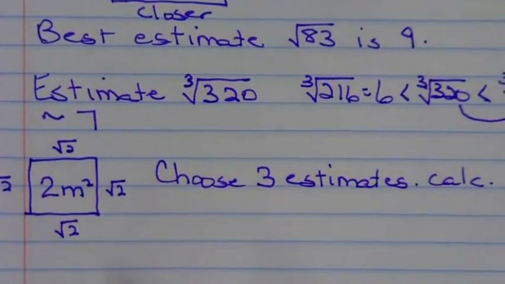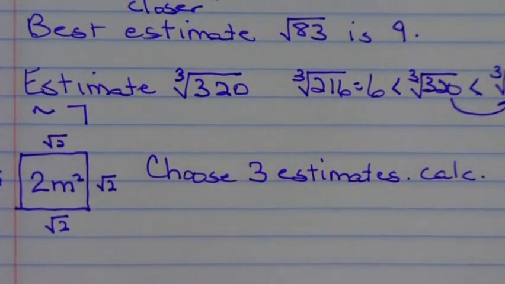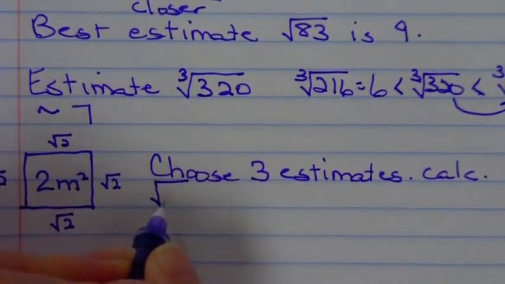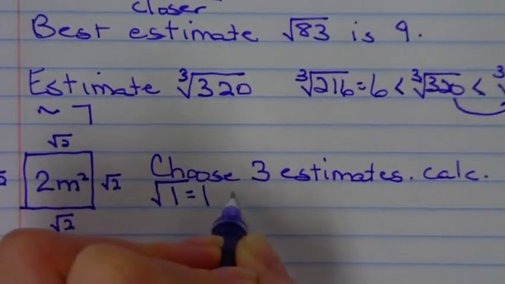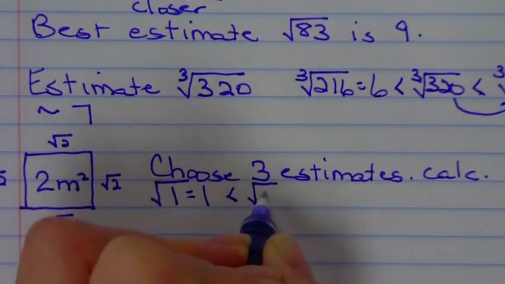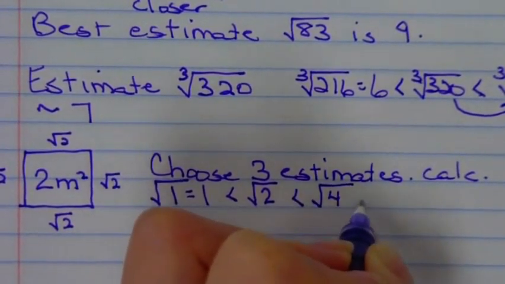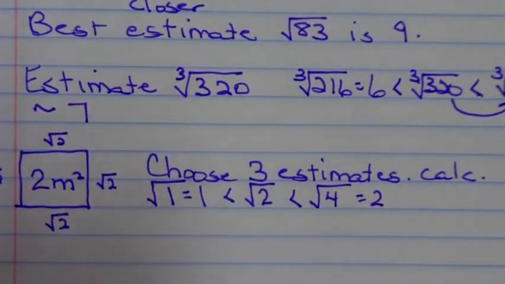So first, let's do whole number. The square root of 2 is between the square root of 1 and the square root of 4. So it's between 1 and 2.